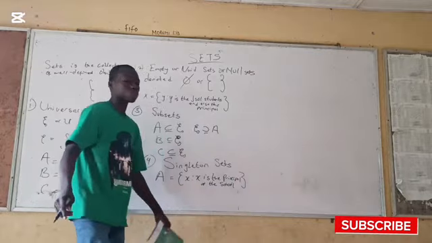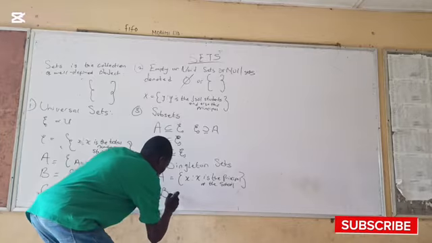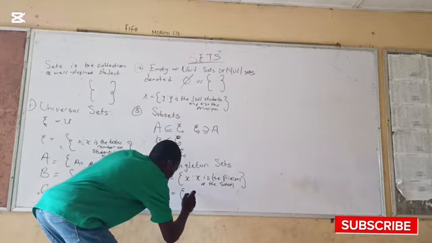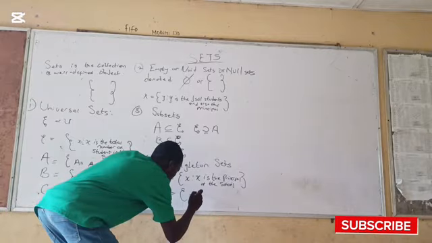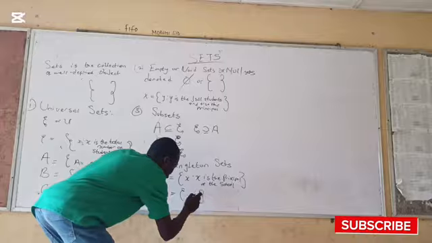So this type of set contains only one element. That is, consider that B, in your curly brackets, you have an element 2. So it contains only one element.